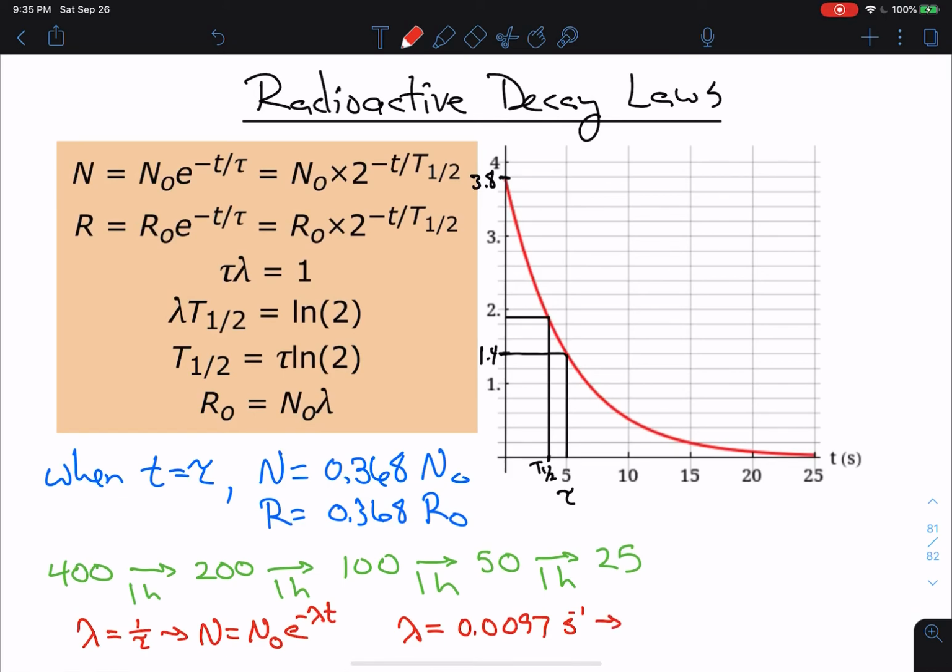So I multiply that by 100, and I get that there's a 0.97% chance of decay every second. So for a given atom that has this gamma, there's a 0.97% chance of decay every second. That's what that would mean. Now again, this is only true if gamma is much less than 1 for that stated unit of time. If it's close to 1 or greater than 1, then it's not true.